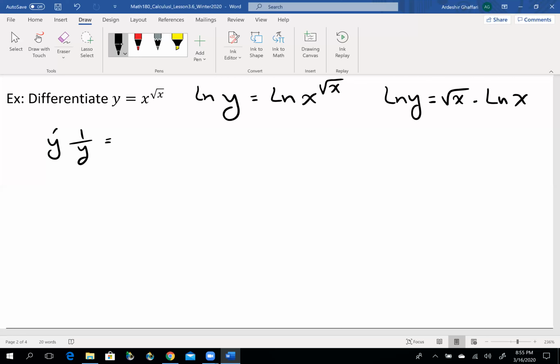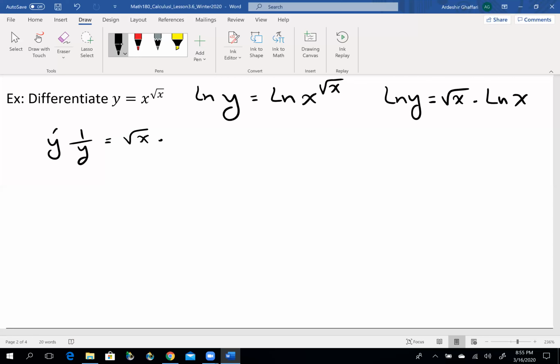On the other side, we have the square root of x times natural log of x, and again I'm going to use the multiplication rule for the derivative. So it's going to be first times derivative of second.